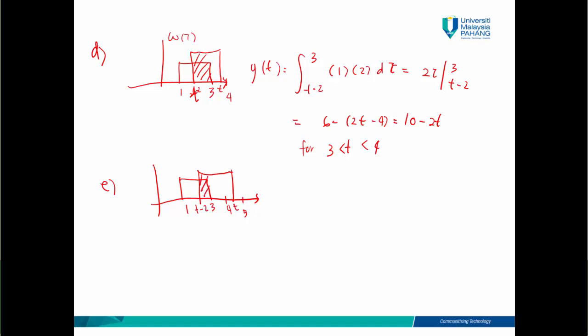So the overlapping is here. y(t) equals the integration from t minus 2 to 3 of 1 multiplied with 2 d tau. So actually the integration is the same as the previous condition for t in between 3 and 4. So the answer equals 10 minus 2t.